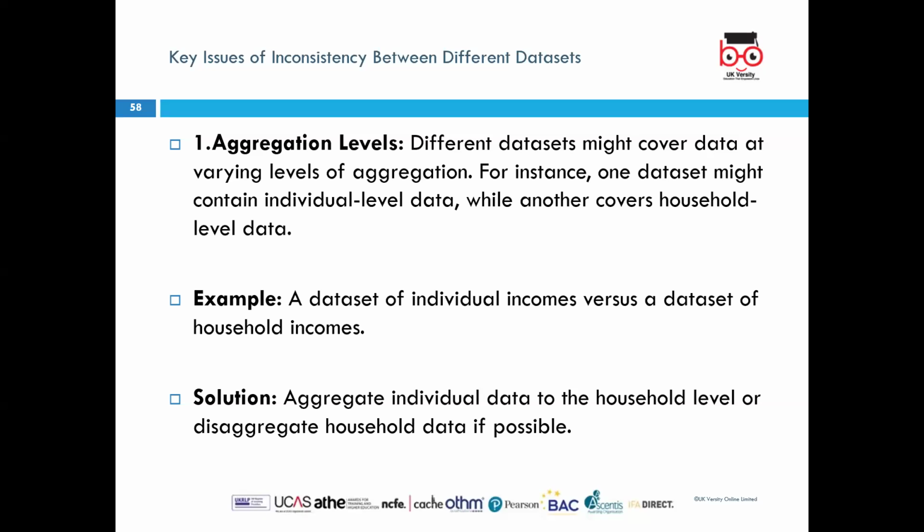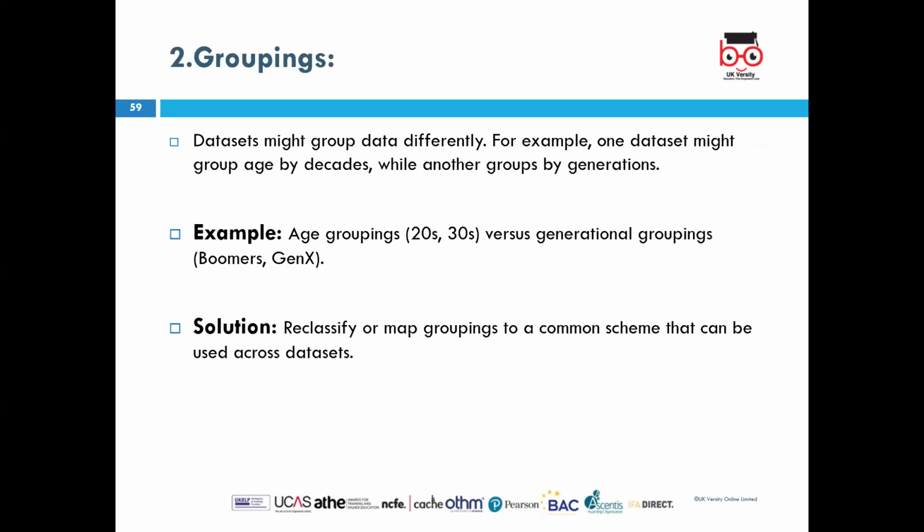For example, a dataset of individual income versus a dataset of household income. Grouping, where datasets might group data differently. For example, one dataset might group age by decade, while another will group by generation.